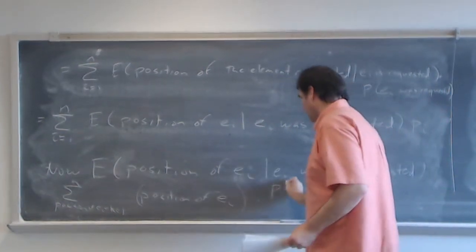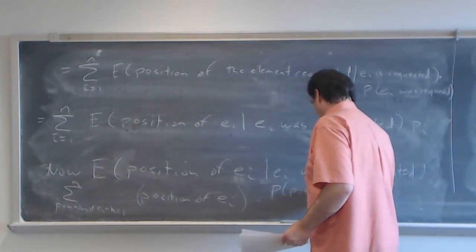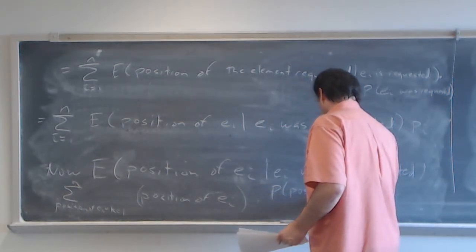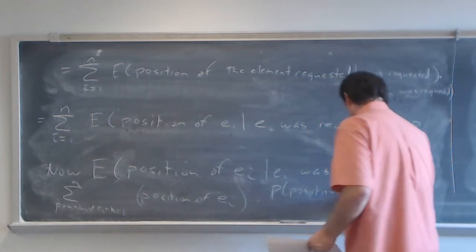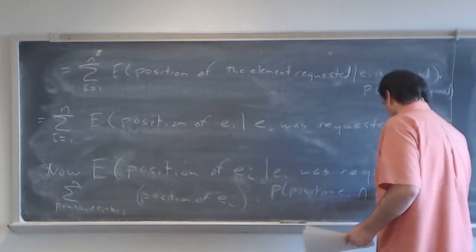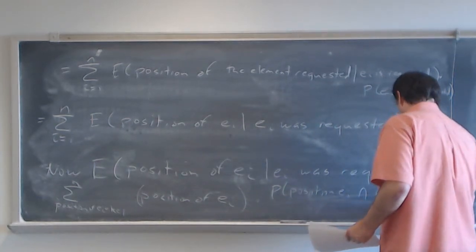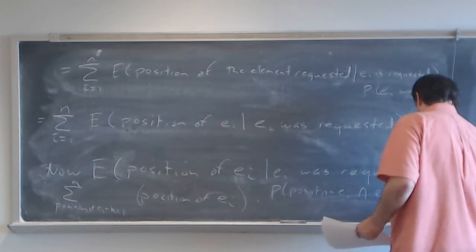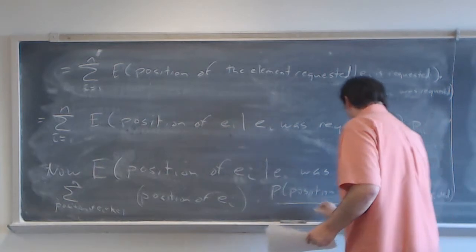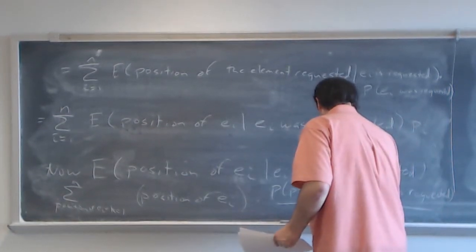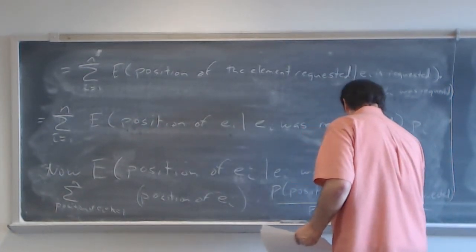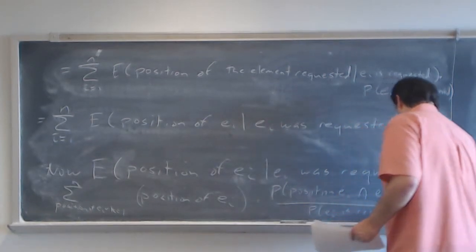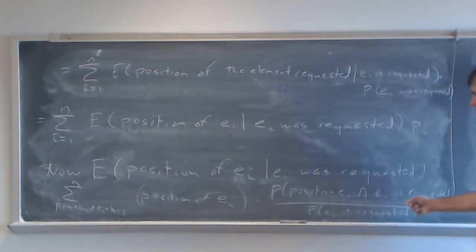What that is, is the probability of the position of E_i and E_i is requested, over the probability that E_i is requested. But due to the way the problem is worded, these are independent events.